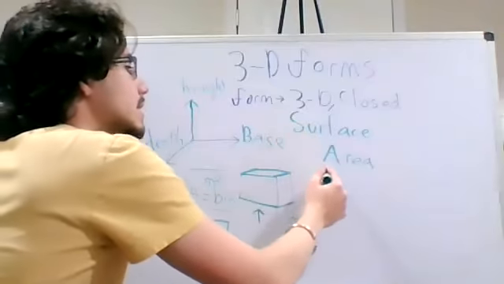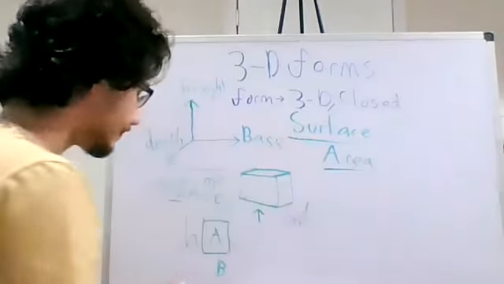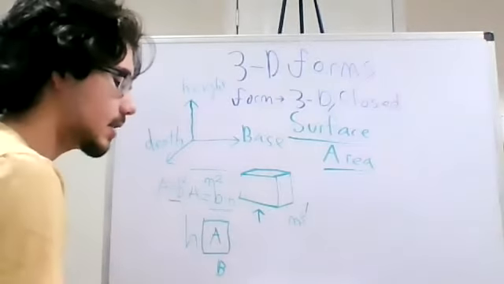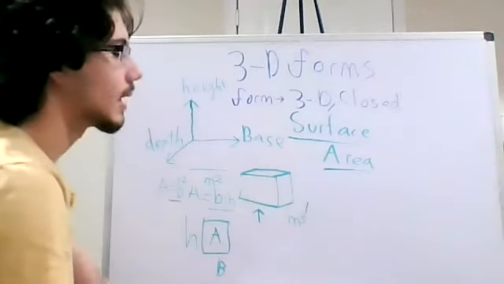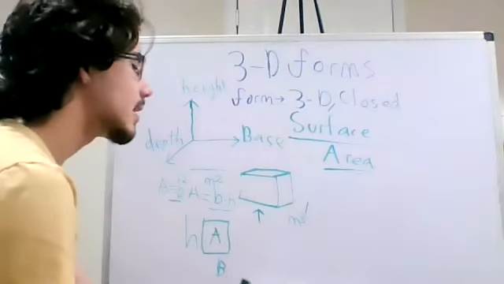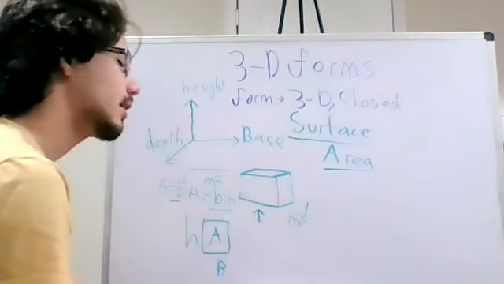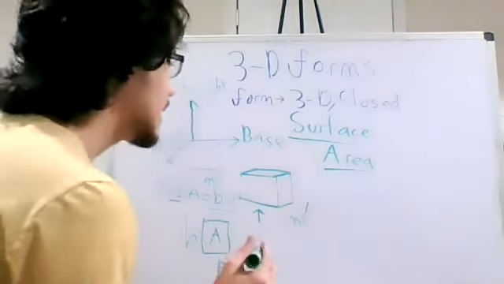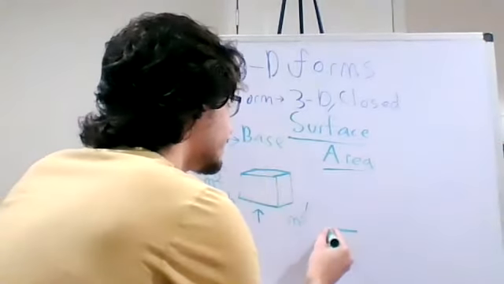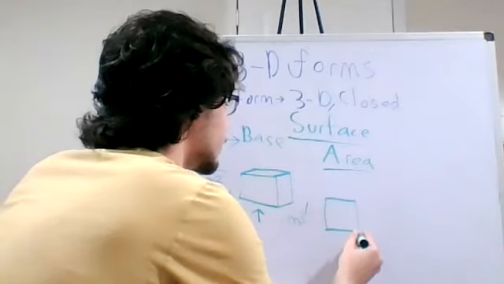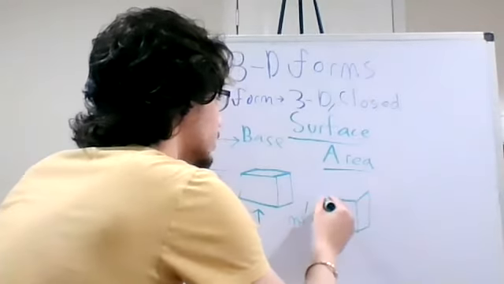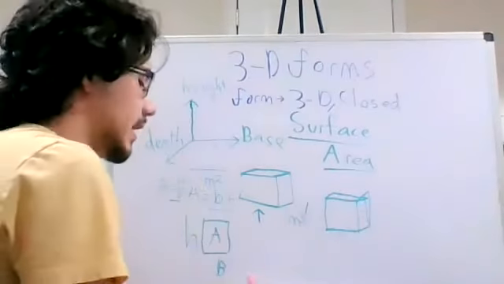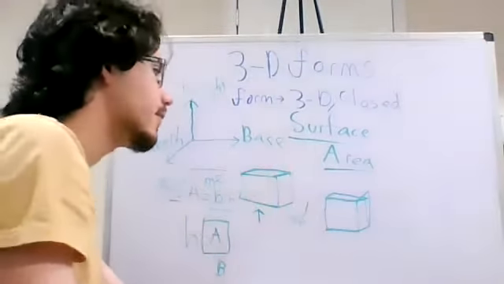Surface area literally means area of surface, which is entirely self-explanatory. So as of right now, you should already understand how to find the surface area of a cube, because a cube is merely 6 perfect sides, and the faces are all squares.